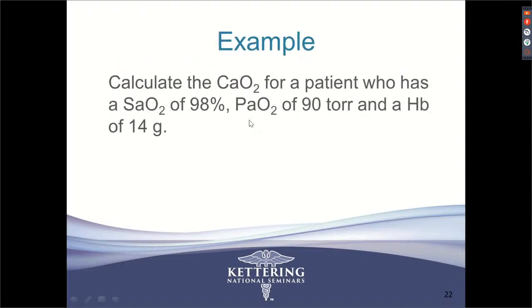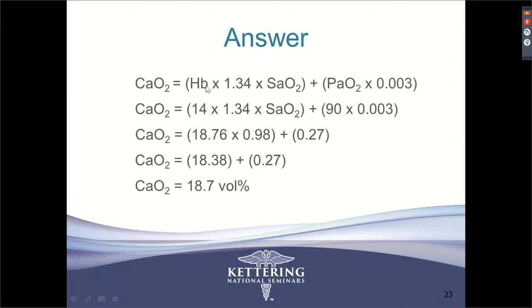So if we do an example, we're calculating the CaO2 for a patient who has an SaO2 of 98%, a PO2 of 90, and a hemoglobin of 14. We take that information and plug it into our formula. The hemoglobin, the 14, goes here, that's our constant, the 1.34.